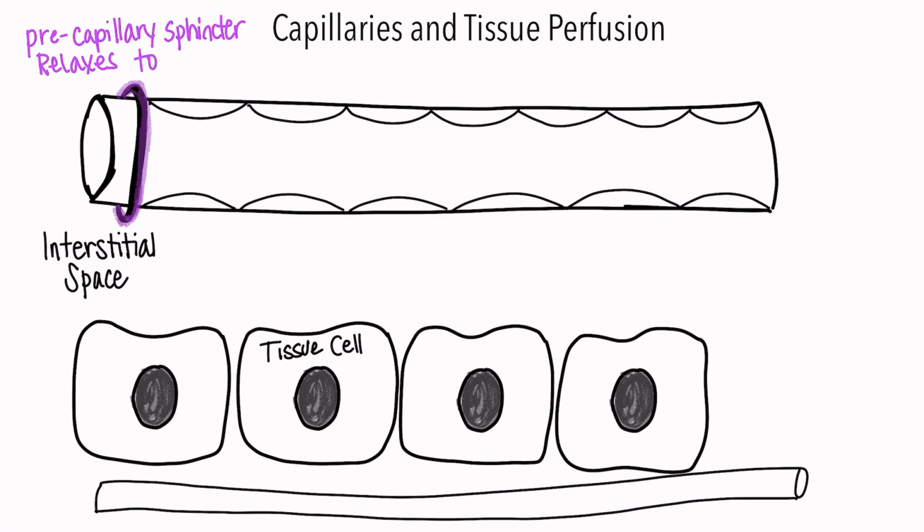So the capillary bed might relax this, but if the blood pressure is low in the arteriole, and the blood flow coming through the arteriole is still not enough, it could be that it's still not going to get perfused enough. But the idea is that the precapillary sphincter can relax to increase tissue perfusion. So it gives it some local control.